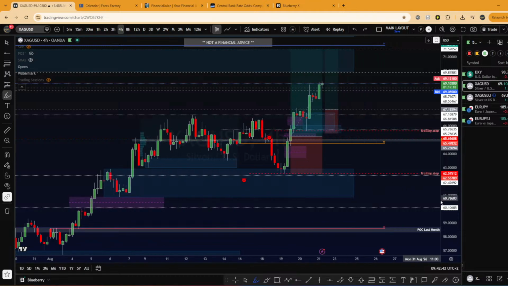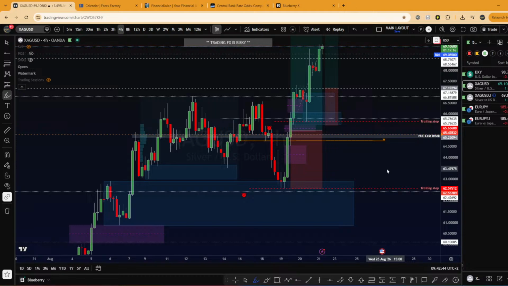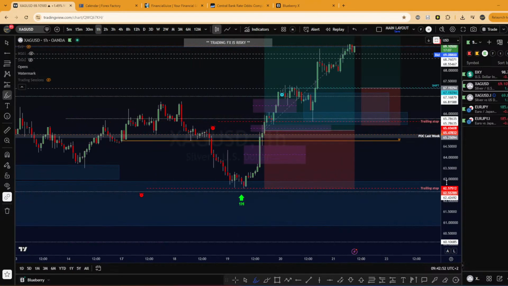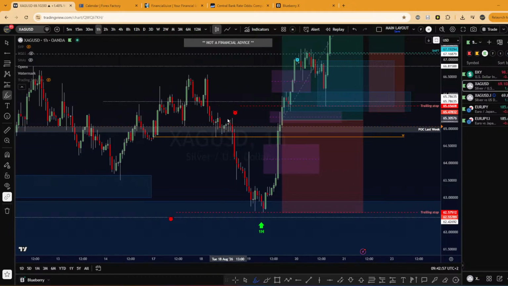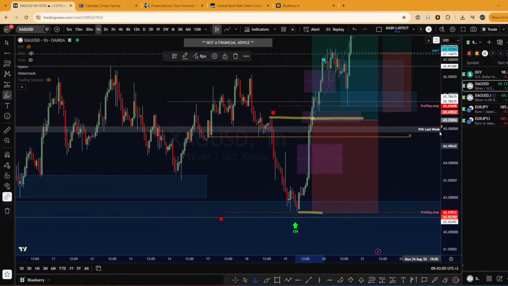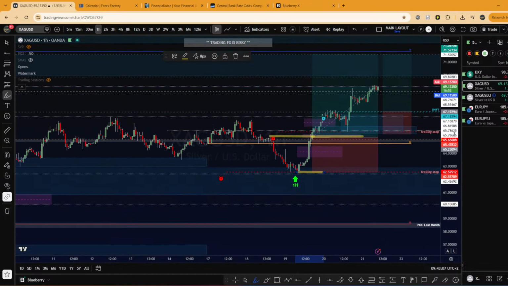But because I know that silver and gold most of the time go in the same direction, I decided to anticipate this movement. For example, once we close above this high somewhere here, I decide to enter somewhere here. Stop just below here and try to swing trade this towards the target.